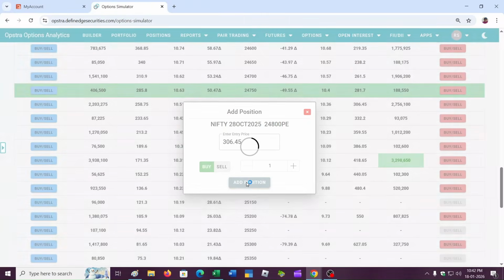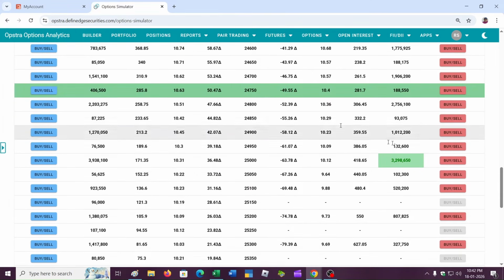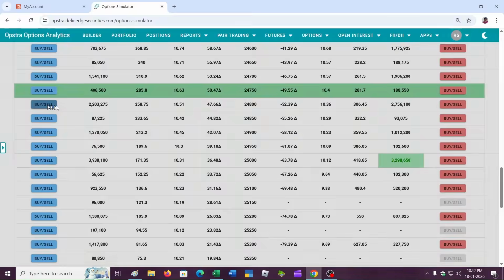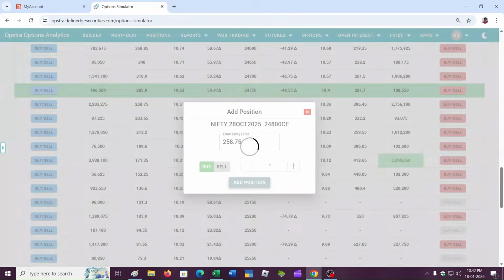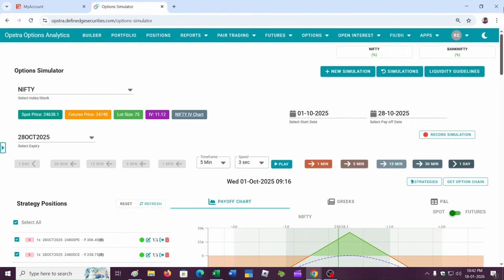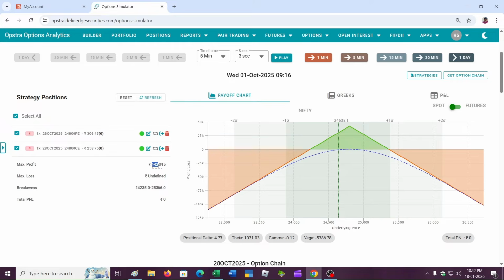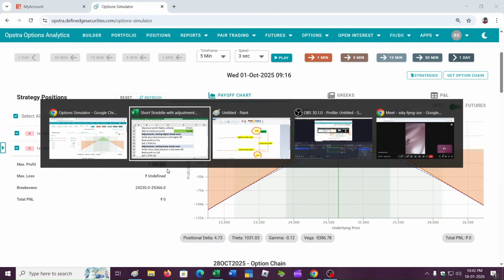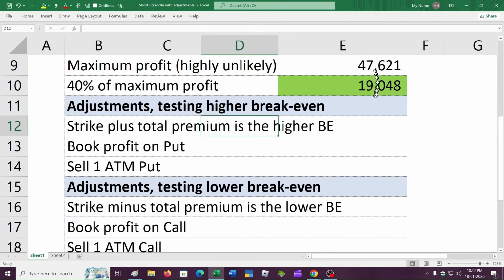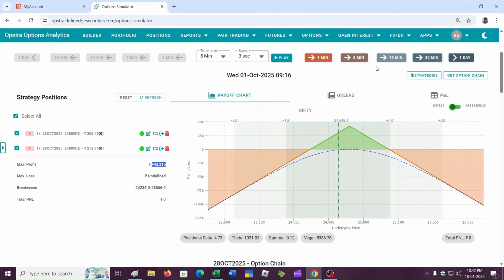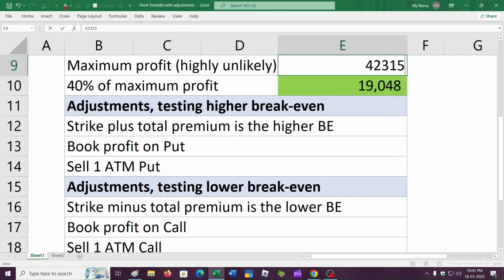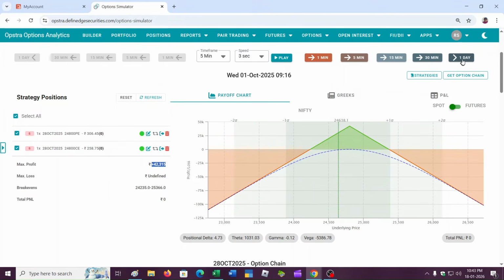So we created a short straddle here. 42,315 is the maximum profit. We should be okay booking the profit when it gives us 16,000 or 17,000. Okay, let's see how it goes.